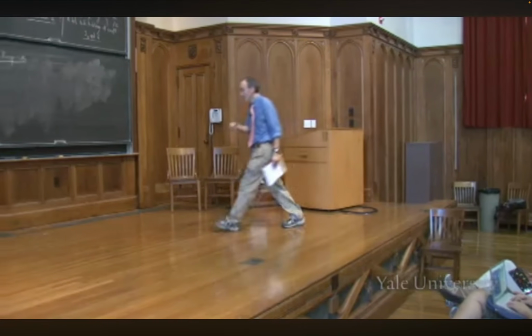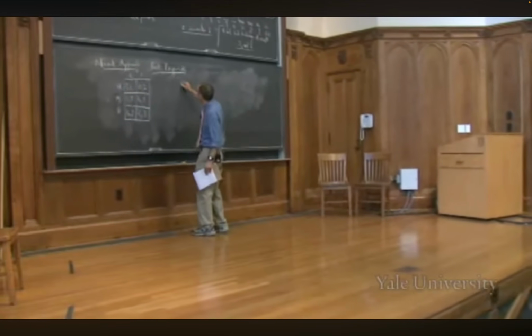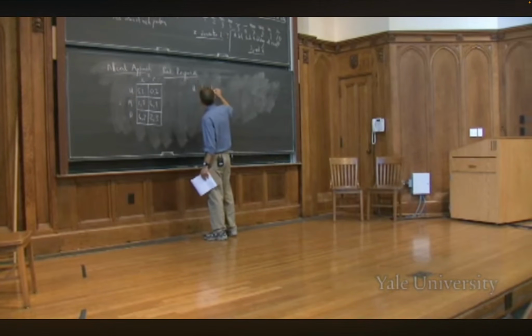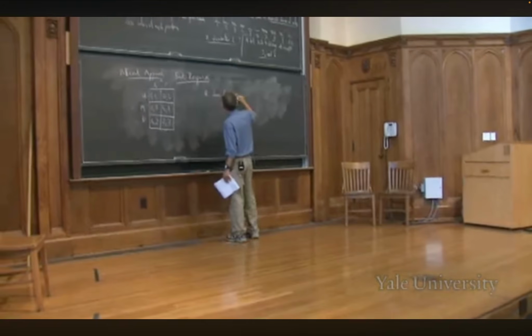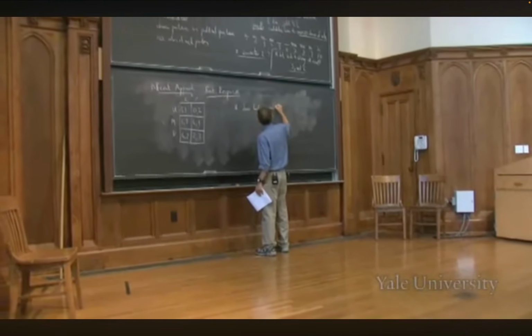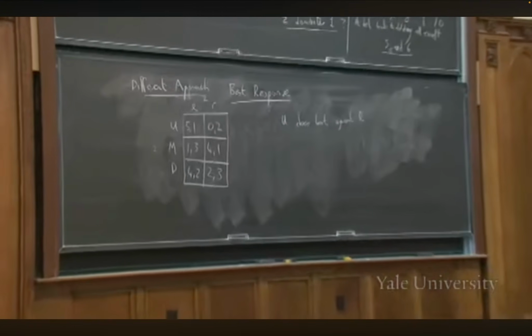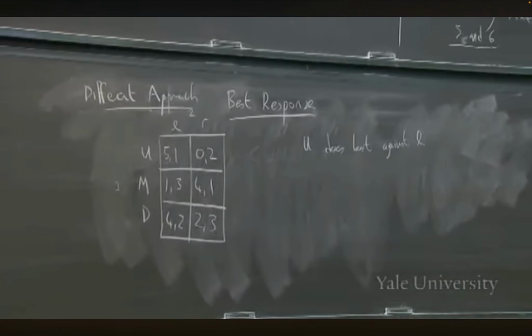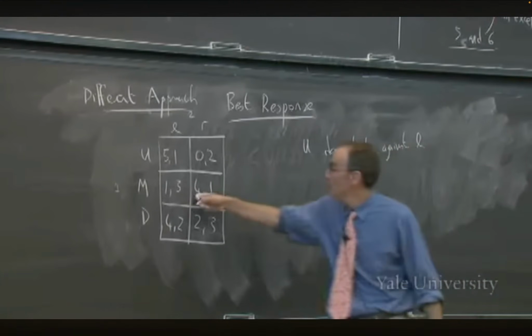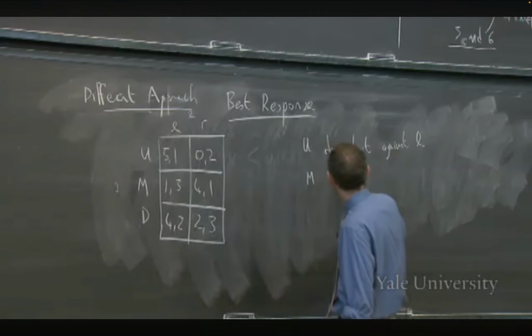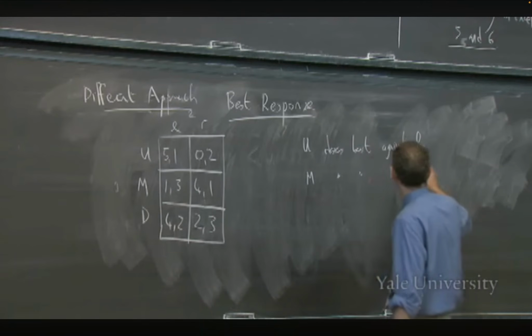Everyone agree with that? Right, so up, as I say, does best against left. And what does best against right? Middle does best against right. After all, 4 is bigger than 0 and 4 is bigger than 2. So middle does best against right.